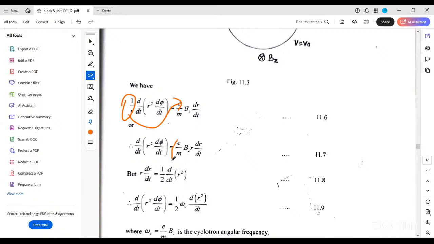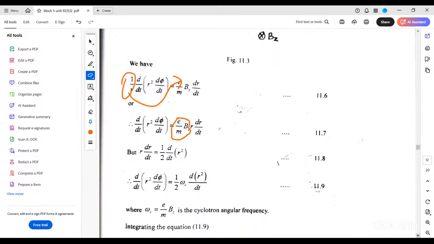In 11.7, treat E by M Bz as omega c, and in place of R dr by dt put 1 by 2 d by dt of R square. After substituting these two, we get the 11.9 equation.